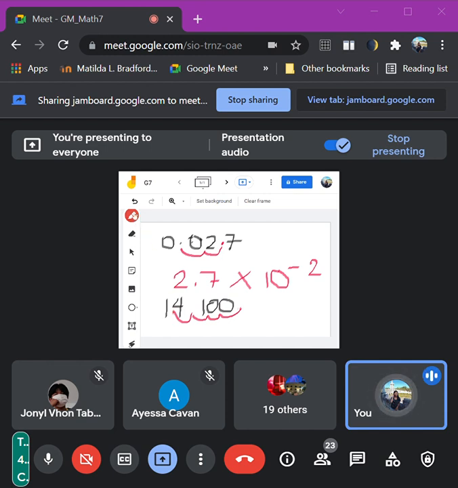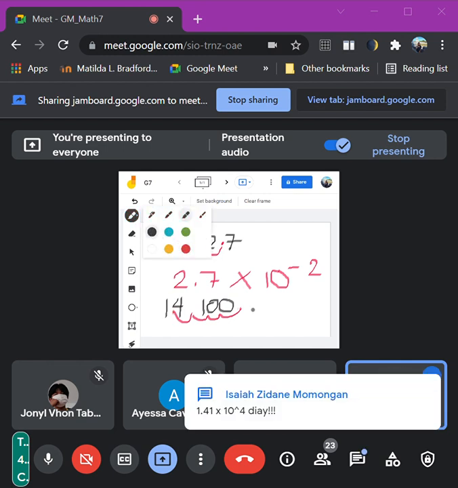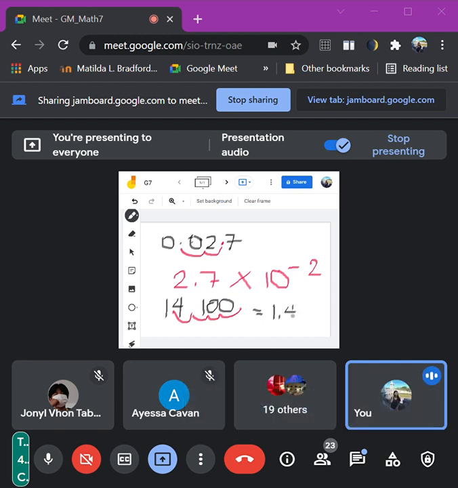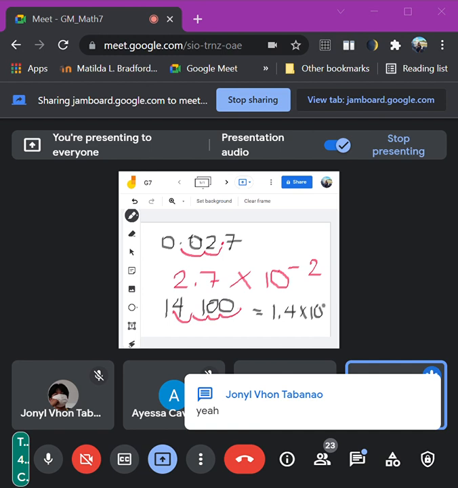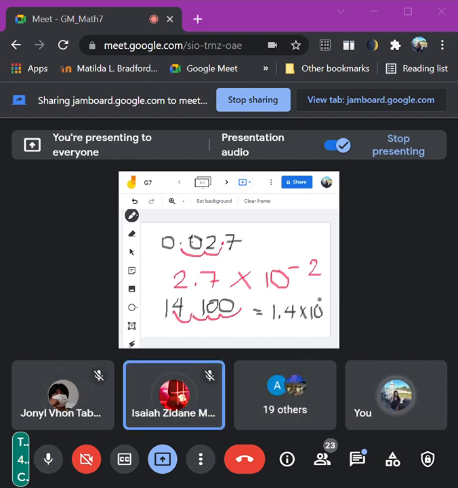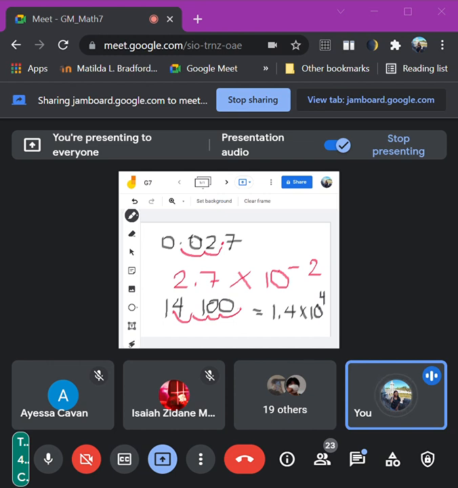So, you have there 1.4 times 10. What is the exponent, class? 4. Positive or negative? Positive. So, you have there 1.4 times 10 raised to the power of 4.